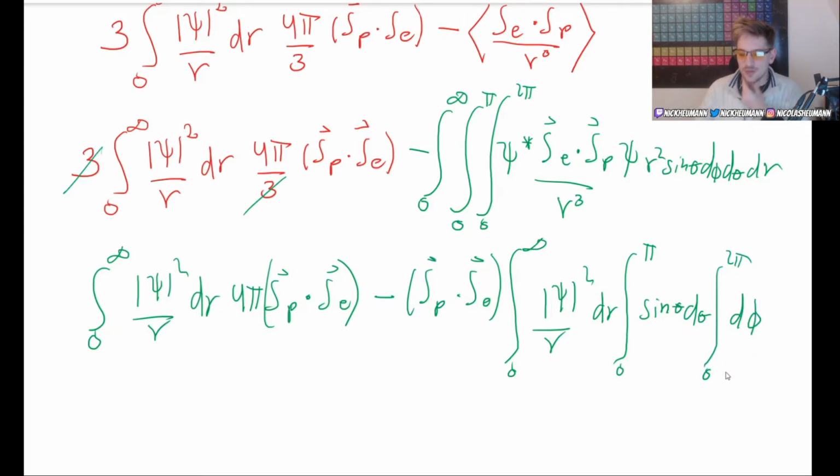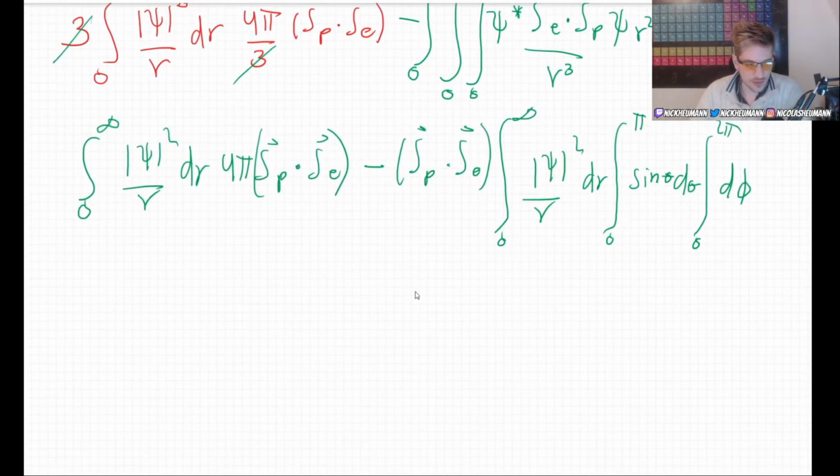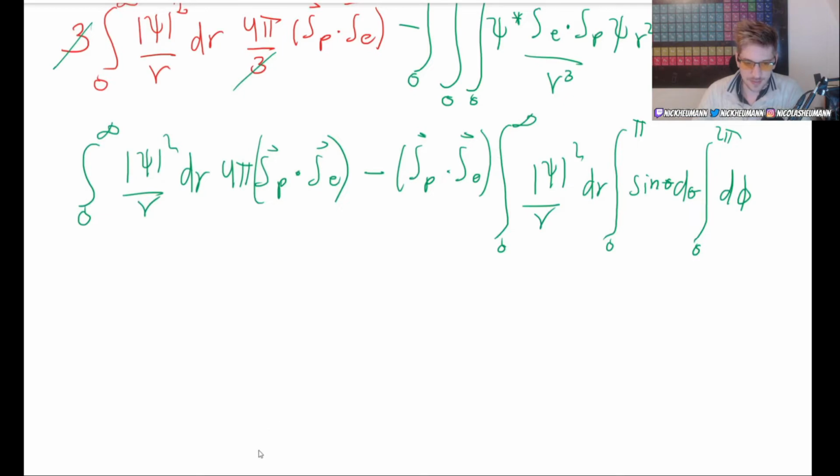Now we can notice that we can factor some things, which would be very nice. We can factor out the integral from 0 to infinity of psi squared over r dr, and we can even factor out the dot product, Sp dot Se.